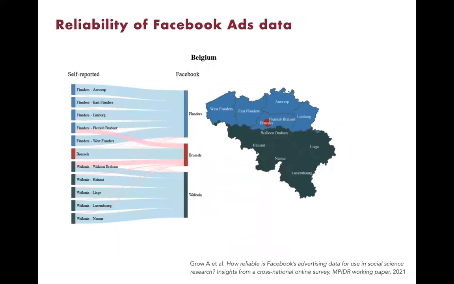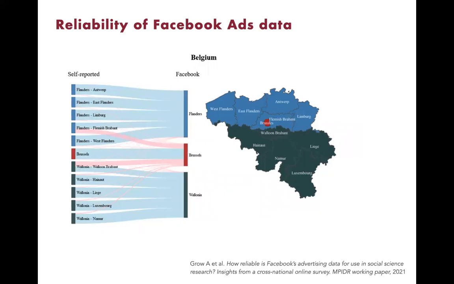And here you see, for example, for Belgium, on the left side, the region where respondents reported to live in our questionnaire, and on the right side, the region to which Facebook assigned them. And you see that the issue is basically around these two regions surrounding Brussels, where many people reported to live in, but were categorized by Facebook as living in Brussels.